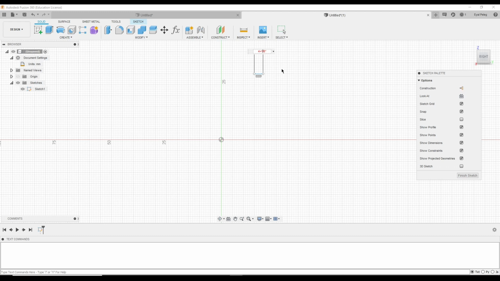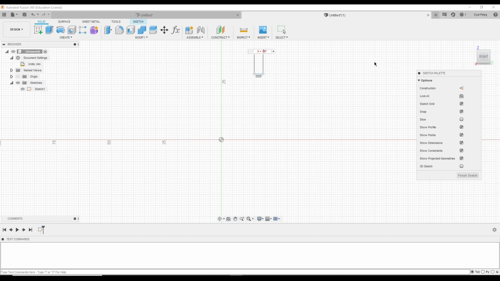What is actually happening is that this sixth is not a sixth of an inch, as we hoped it would be when we wrote it like this. It's actually 1 divided into 6 inches. And this one is not just 1, this is actually a 1 millimeter, because our default units are millimeters here.